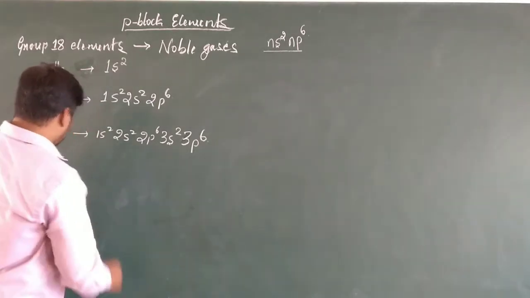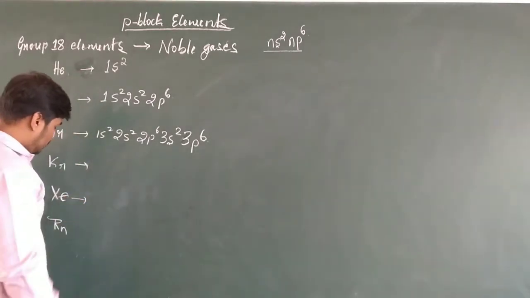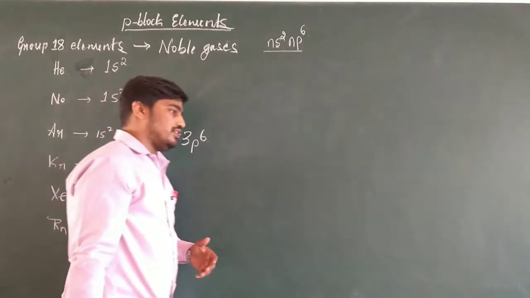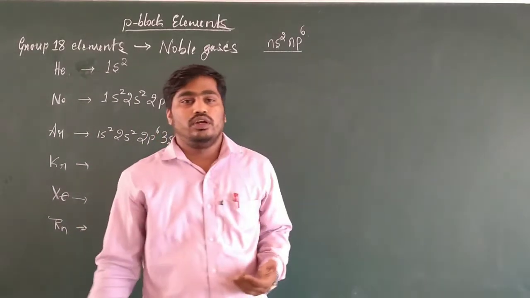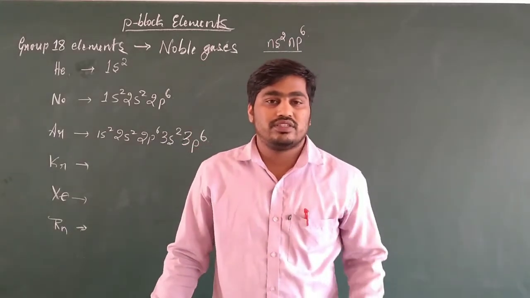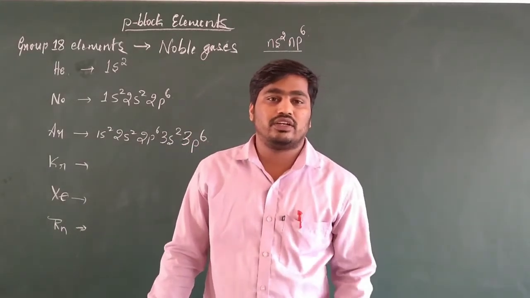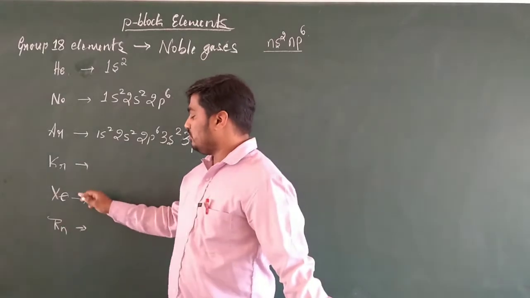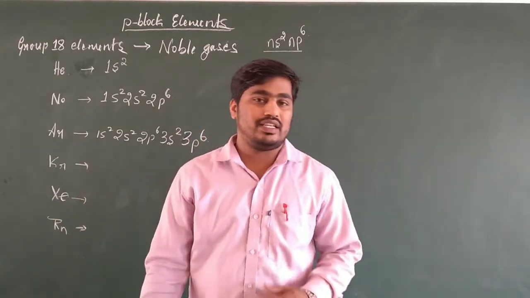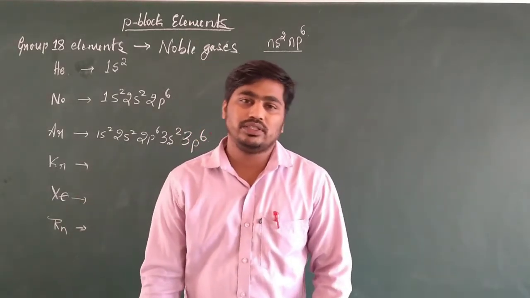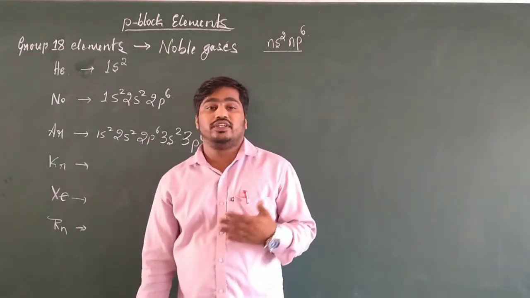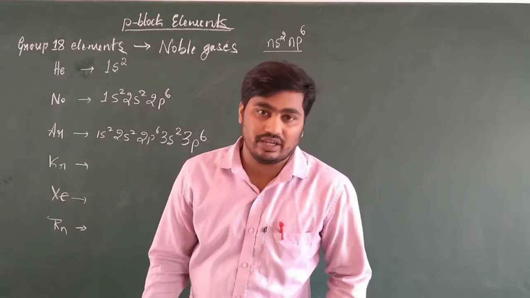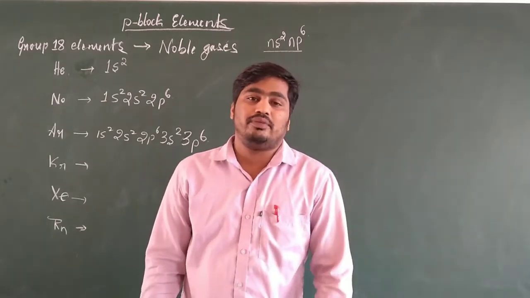The other electronic configurations of krypton, xenon and radon I leave to you. It is your work. Just write the electronic configuration of krypton, xenon and radon. It is not much important, but I would like to know your knowledge about the electronic configuration, that is why I left it to you.